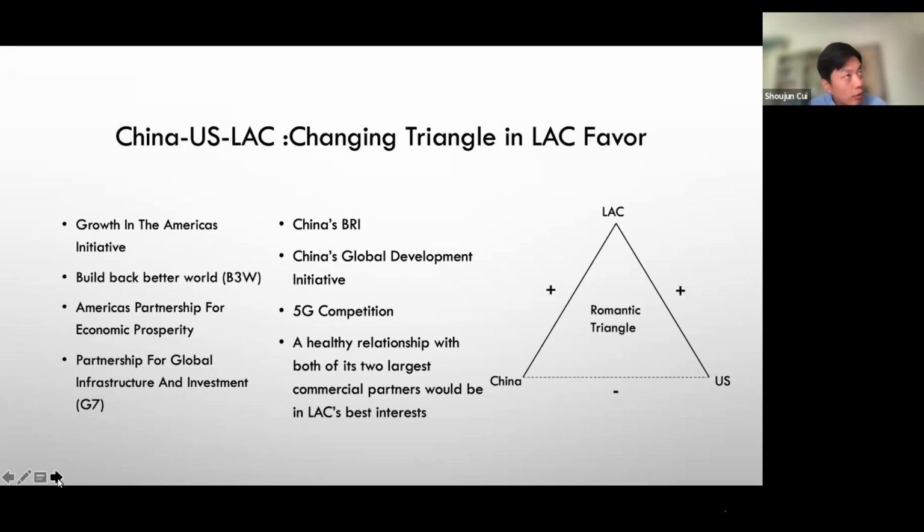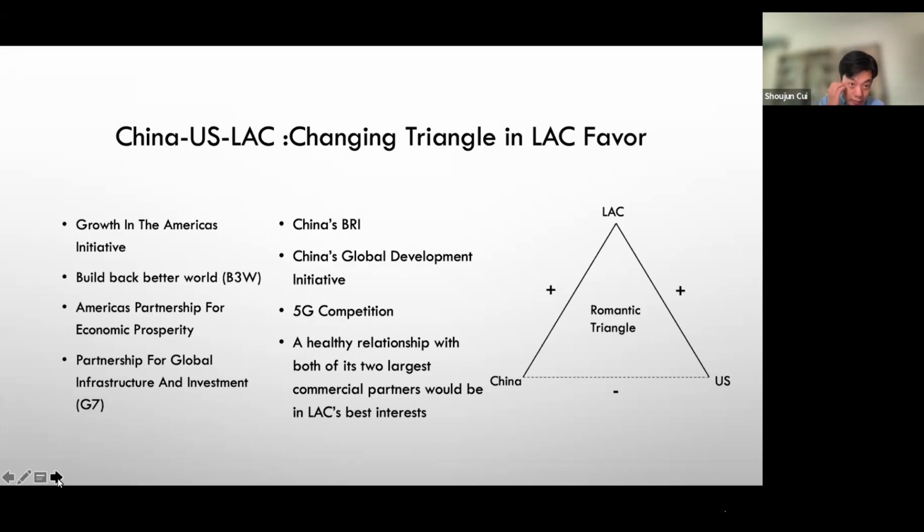Among more than 20 scholars in China, Latin American studies is not a big community, and many of them are leading scholars. Most of them agree that Latin America will benefit from China-US strategic competition.